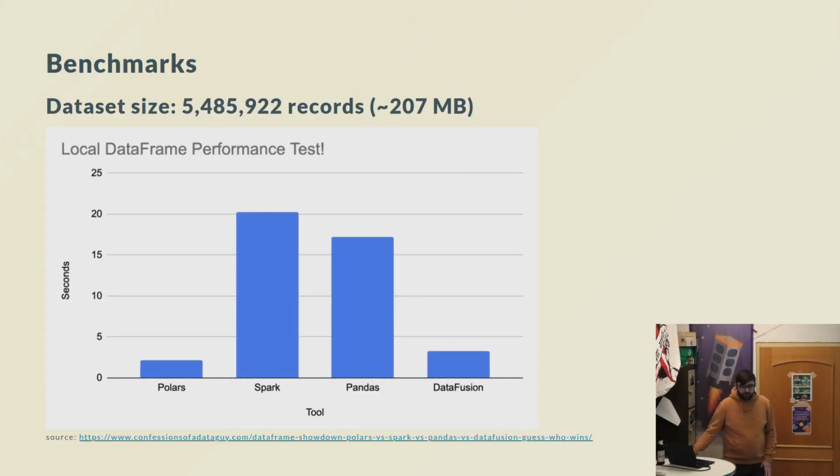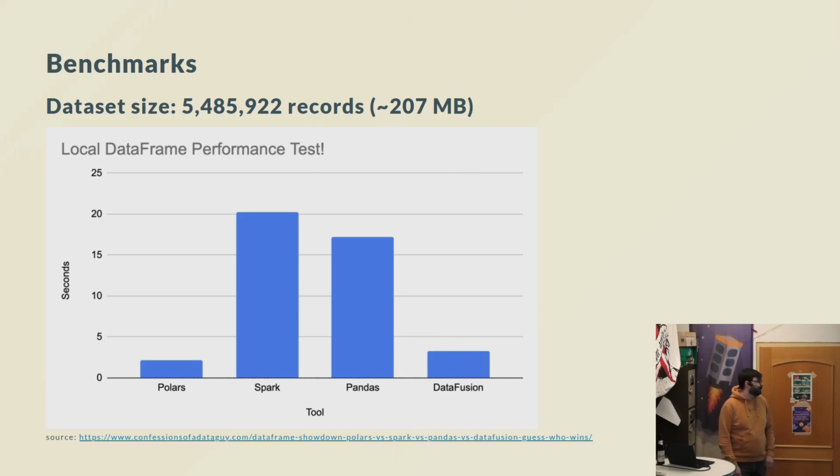This wouldn't be a Rust talk without showing some benchmarks. I cannot take credit for this; it's just a blog that I found. It was quite difficult to find a benchmark that compared the different kinds of solutions, because being purely a query engine, it's very difficult to compare it to other things. This is based on a data set of about 5.5 million records and 207 megabytes.